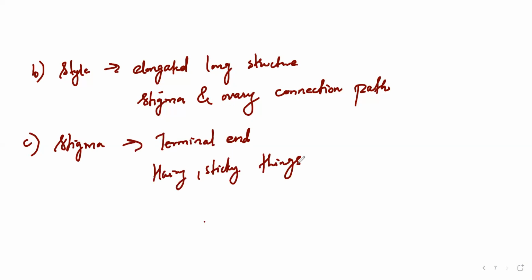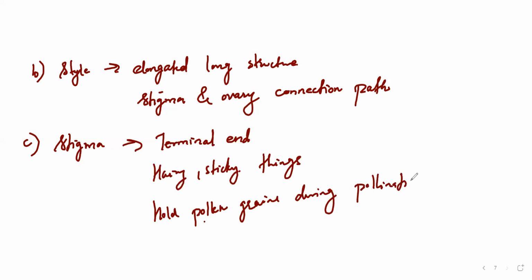For that purpose only, it may be hairy or sticky, so that it can hold the pollen grains during pollination. These are the three parts of the female organ, which is gynoecium.